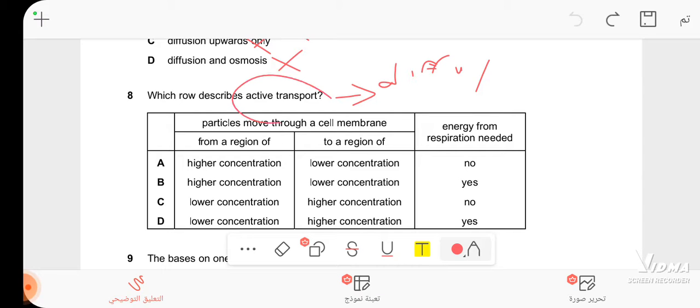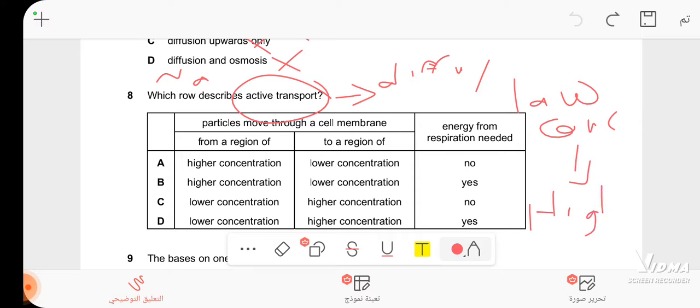And active transport needs energy, and it has an opposite definition. It belongs to the movement of ions, such as sodium, for example, such as salts, and also glucose, which move from low concentration to high concentration, which we say is against the concentration gradient.